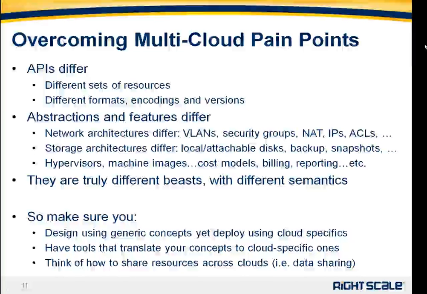They may not support the same set of resources. Some clouds may have EBS and snapshots, and some other clouds may not. The formats in how you interact with them are different. The security aspects are different. The IPs, different hypervisors, different machine types. Different clouds may be really, really different from each other.